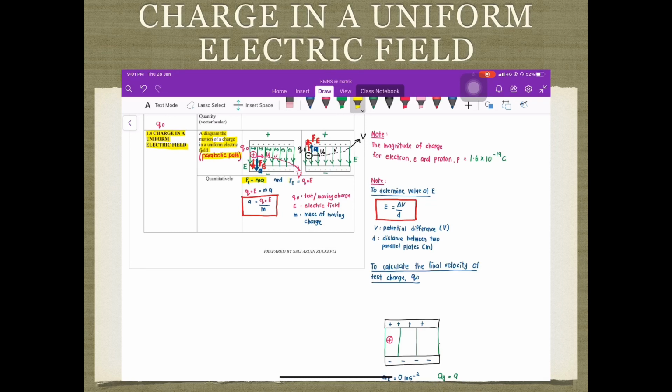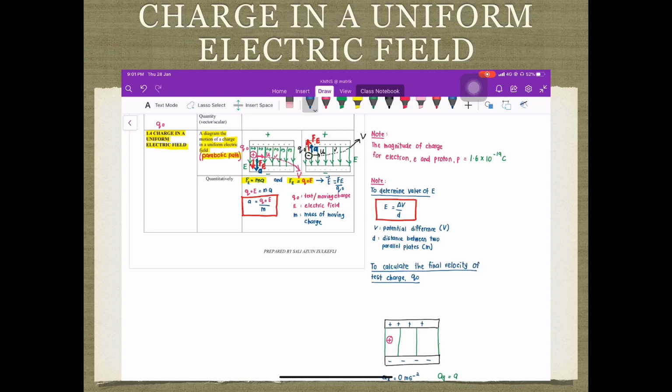Another equation for the electric force is Q0 E. Actually, this equation comes from the definition of E. Remember, electric field strength is the electric force per unit positive test charge.